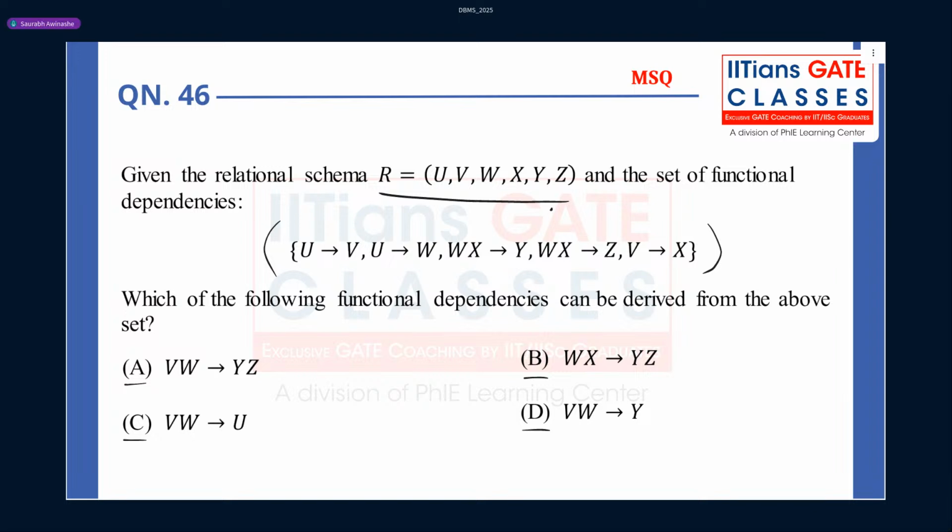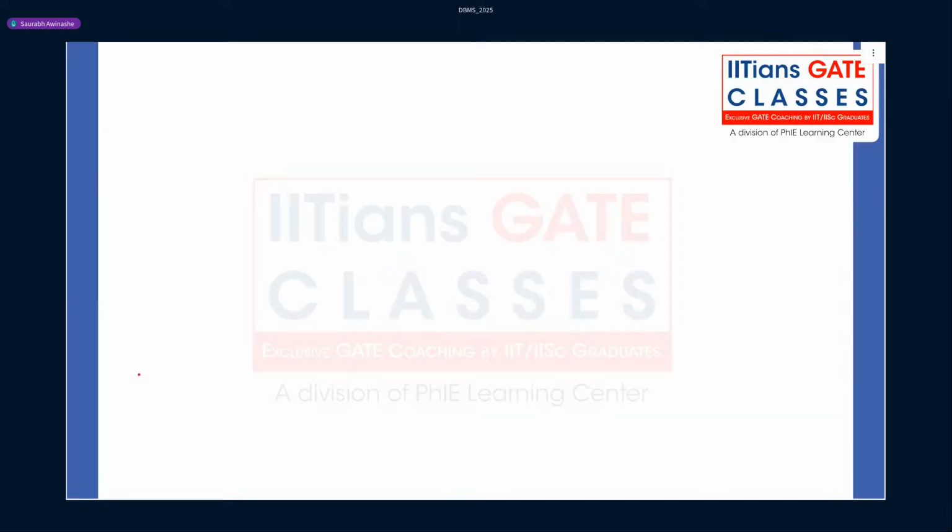To solve this type of question, as we have seen in the class also, we take the closure of the LHS and we see if the RHS is contained in that closure. If yes, then this is a functional dependency that can be derived, otherwise no. So if we want to look at option A, we'll take the closure of VW plus.